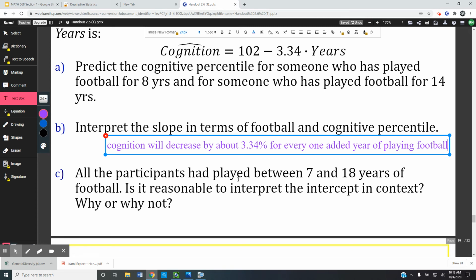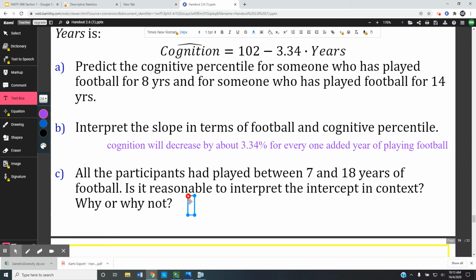All the participants had played between 7 and 18 years of football. Okay, is it reasonable to interpret the intercept in context? Why or why not? Okay, well, when we look at this, they had played between 7 and 18. Remember, when we talk about a y-intercept, we're looking at something with an x value of 0.